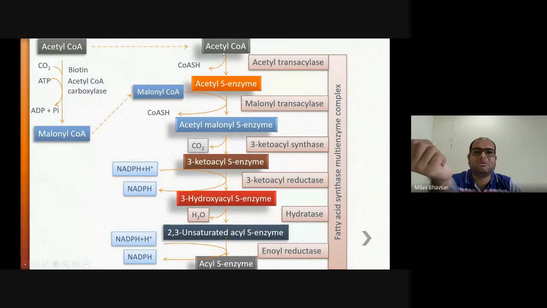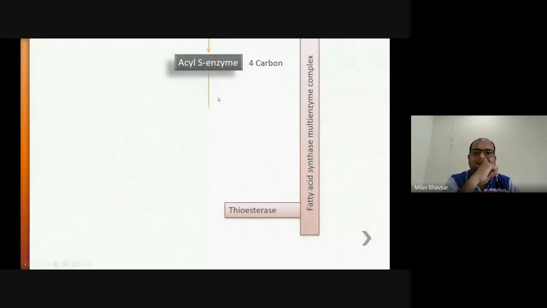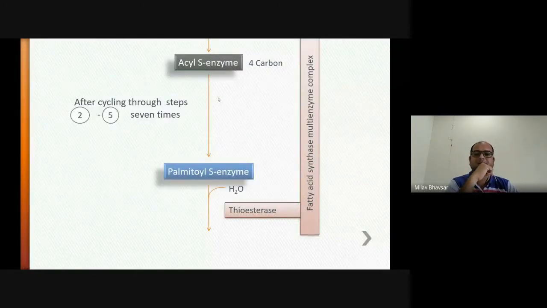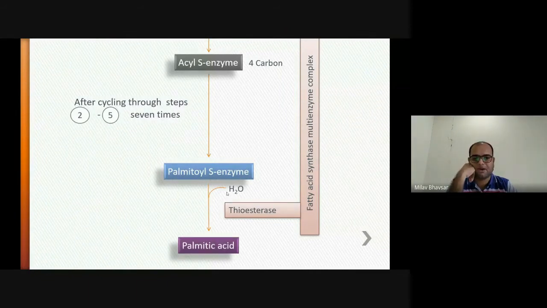Again, malonyl coenzyme will be added to this acyl S enzyme, and you generate the S enzyme. Now we again add H2O, and we generate the palmitic acid, and your complex gets separated.